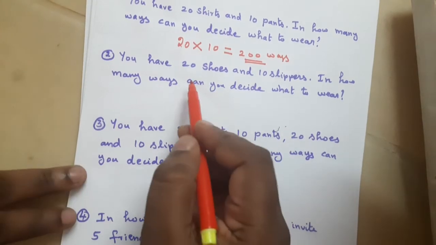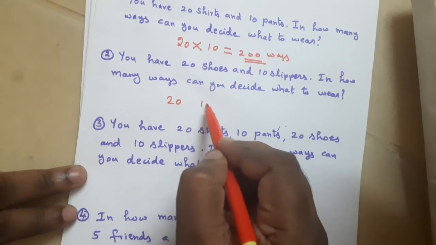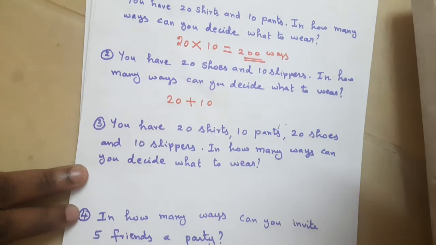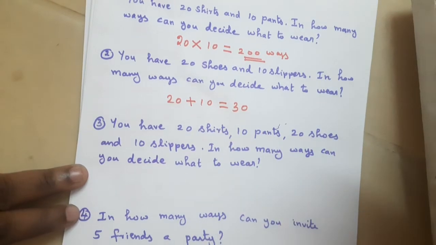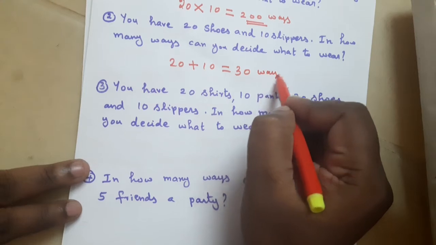So we can wear 20 shoes or 10 slippers, and we add these two numbers using the addition rule. So there are 30 ways. This is our answer.